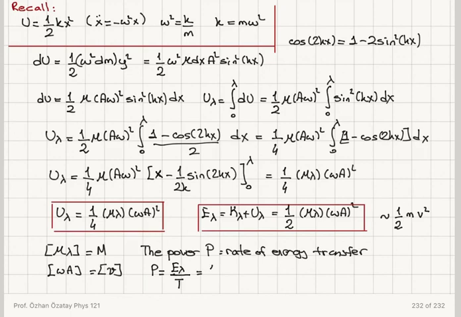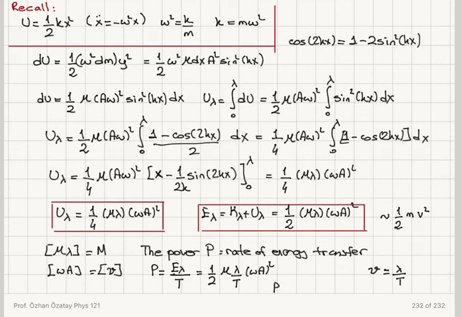So I have 1 over 2 mu lambda over the period, times omega squared a squared, and then I remember the propagation speed of the wave, not the transverse speed of string elements. It's the wavelength lambda divided by the period.